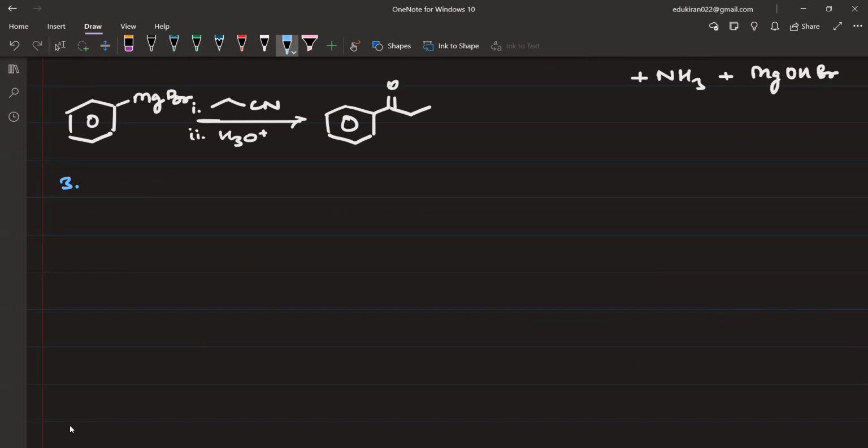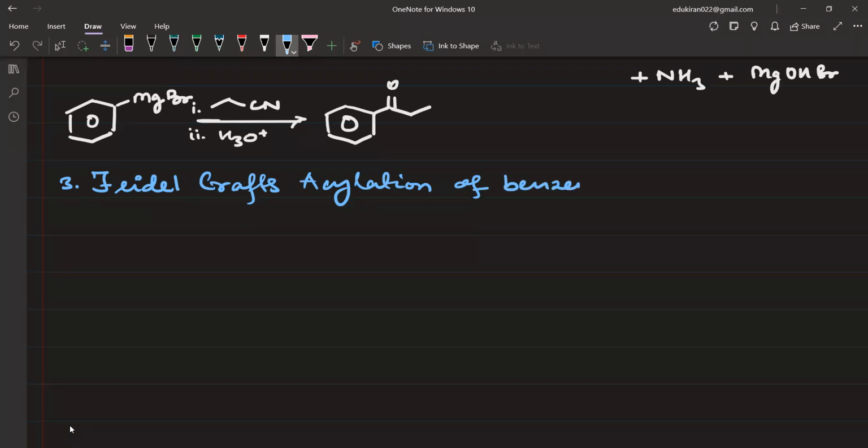This is the Friedel-Crafts reaction, Friedel-Crafts acylation of benzene.